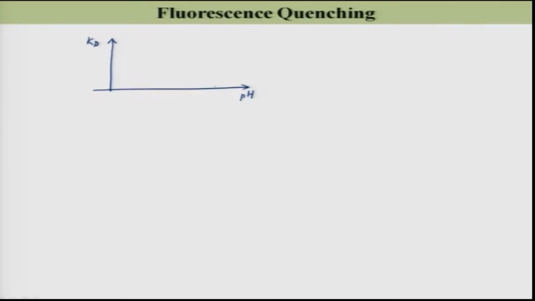At neutral pH, let us say here is my 7, the value of Kd that you have observed from your experiment is really low, and at a little higher pH, 7.4, 7.6, 7.8, this value is like this. As you increase the pH, probably you have seen such data, and the trend is like this.